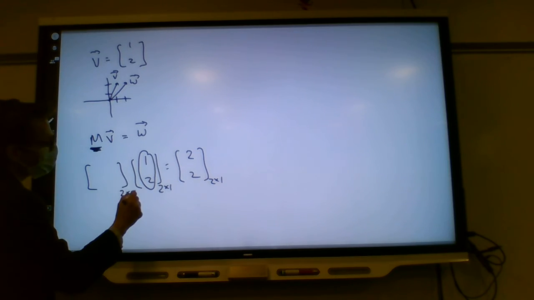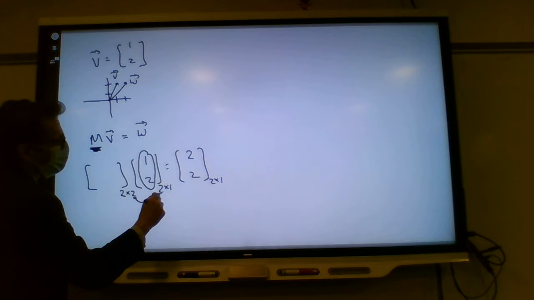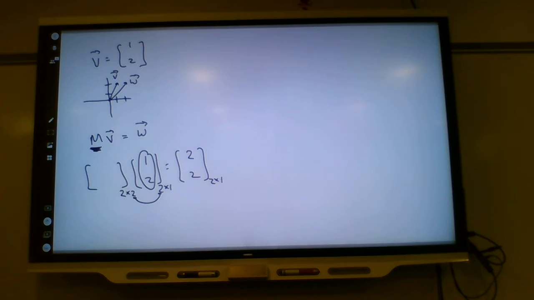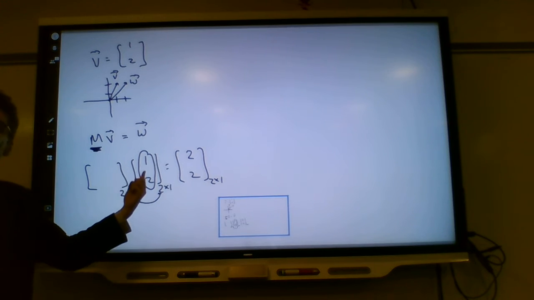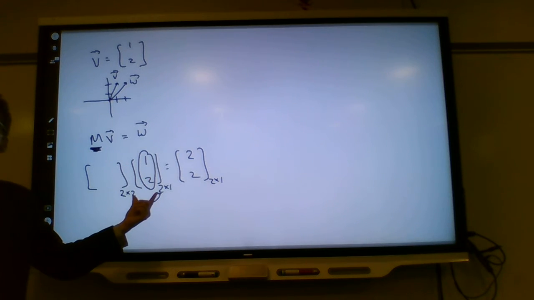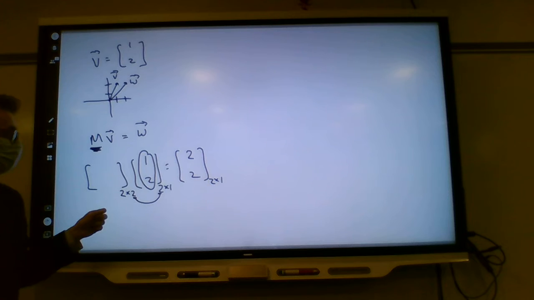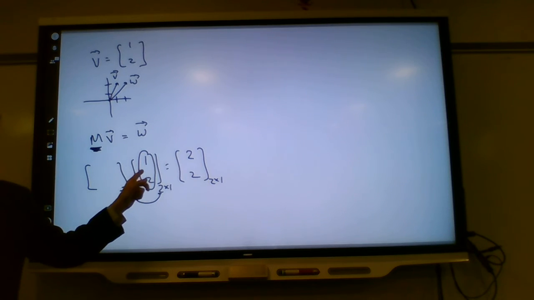So what has to happen? In order to do this calculation, these 2 inner numbers, the number of columns over here and the number of rows over here, have to match up. They have to be the same. Otherwise, we can't do the dot product.